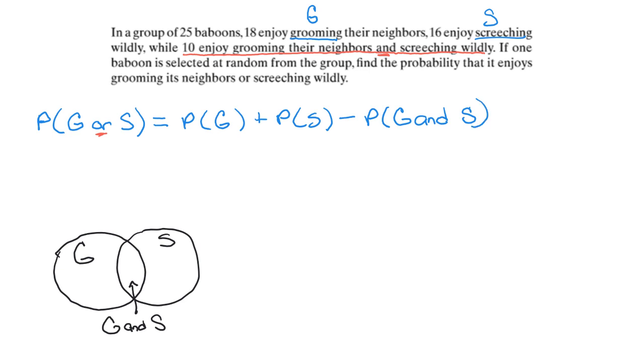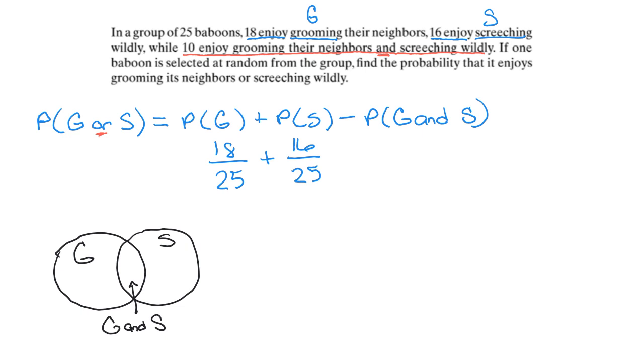The probability of grooming: 18 enjoy grooming, so 18 out of a total of 25 baboons. Then the probability of screeching: 16 enjoy screeching, so plus 16 over 25.